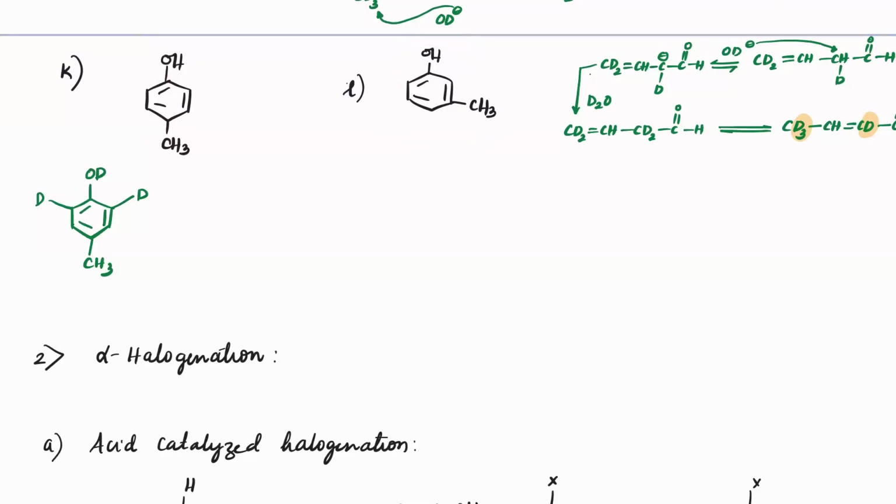Next, look into L here now. In the case of L, we will have double bond here, double bond O, double bond here, correct? And we have CH3 here, correct? This is one way I can keep it.